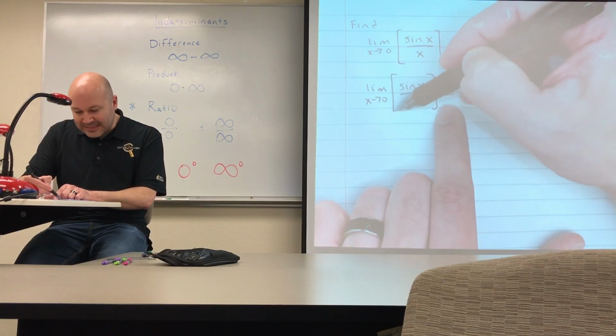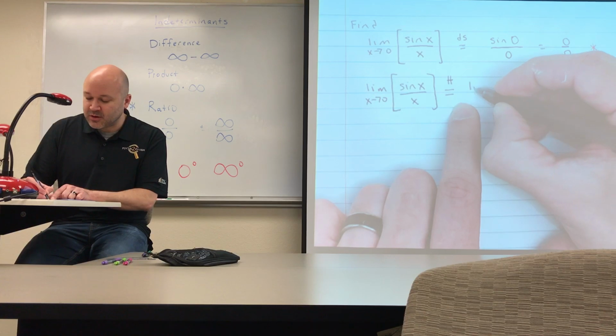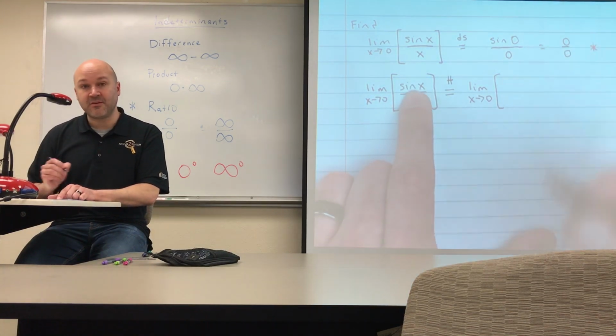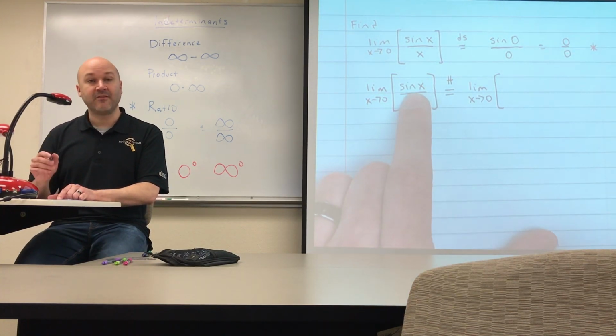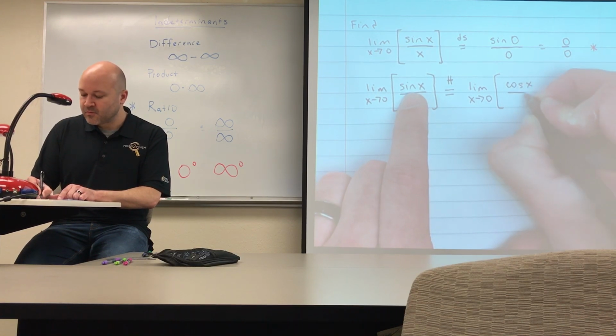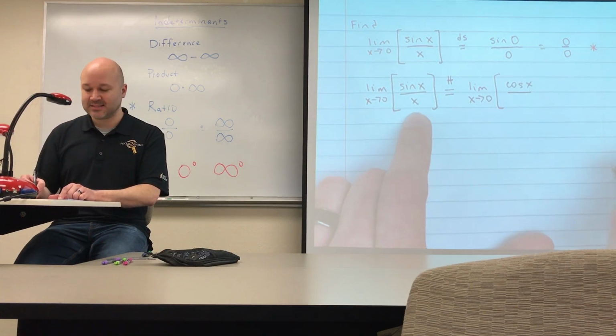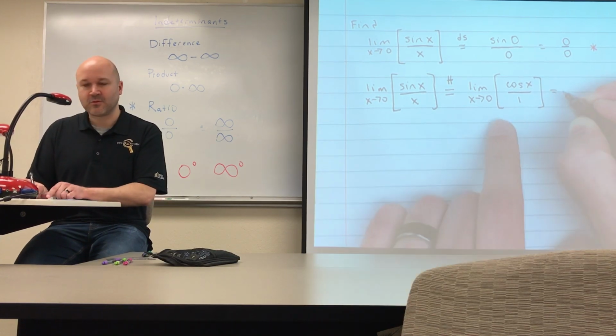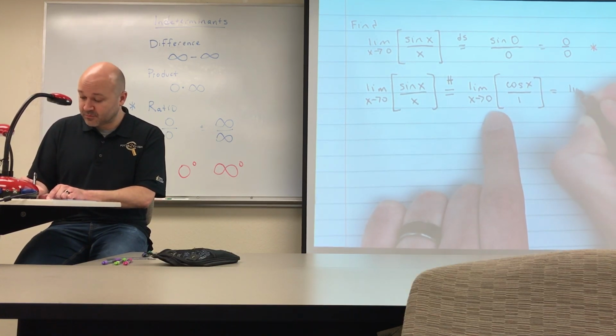So the limit I'm looking for is equal to another limit as x approaches that same value, but now I'm taking the derivative of the numerator. The derivative of sine is a positive cosine of x. The derivative of x is 1. So this is just the limit as x approaches 0 of cosine x.